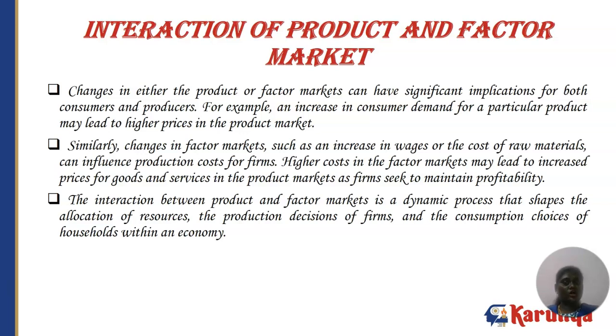So when your costs in the factor markets increase, the price of your goods and services also increases, in order to maintain profitability. This interaction between product and factor markets is a dynamic process that shapes the allocation of resources, the production decisions of firms, and the consumption choices of households within an economy.